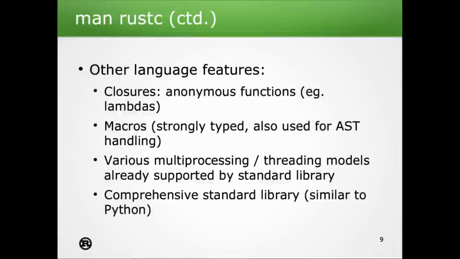And of course, you have a very comprehensive standard library, in functionality comparable to what Python brings along, if not more. So the namespace is std, similar to C++. And of course, the whole thing is documented very well on the Rust website. Very important: in contrast to other programming languages, you don't have to hunt high and low for external packages, because the standard library already provides that functionality for you.